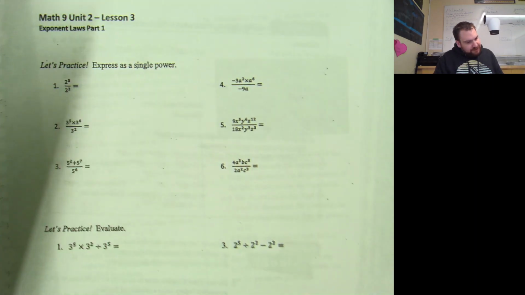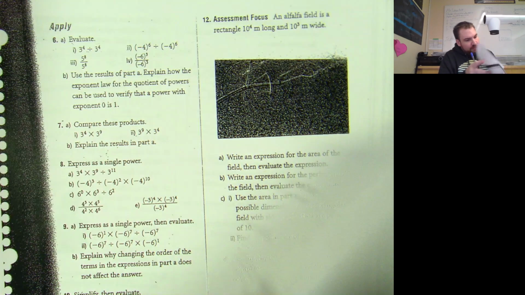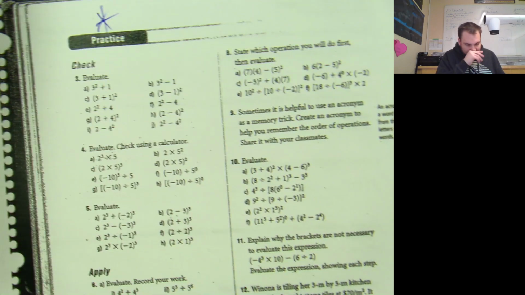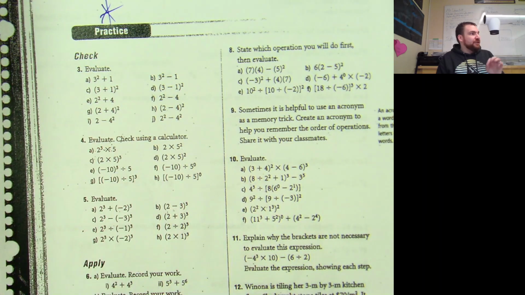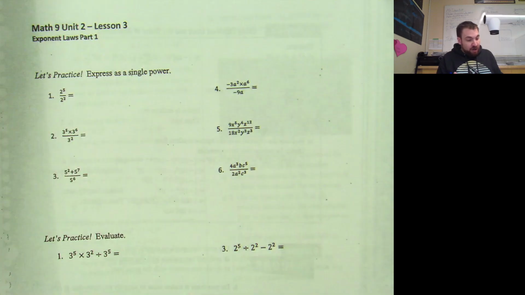I want to double check what's going on today. Okay, here's what I'm going to do. I'm going to leave the review stuff and do today's lesson. Today's lesson is not very long. It's pretty quick. I want to get that done, and then I'll give you all the rest of class time to work.